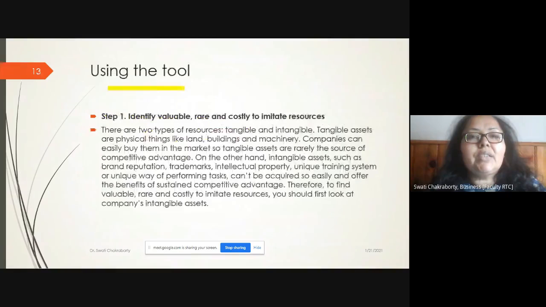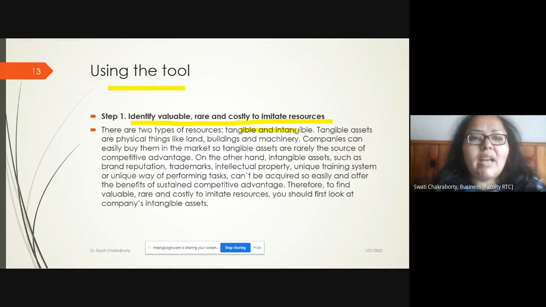Right. So using the tool, how do you do it? First is to identify valuable, rare, and costly to imitate resources. Resources can be tangible or intangible. Tangible means what you can see, physical things. Intangible are those you can't see, like reputation, trademarks, intellectual property rights.